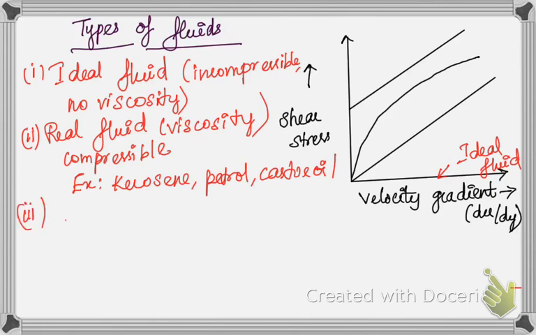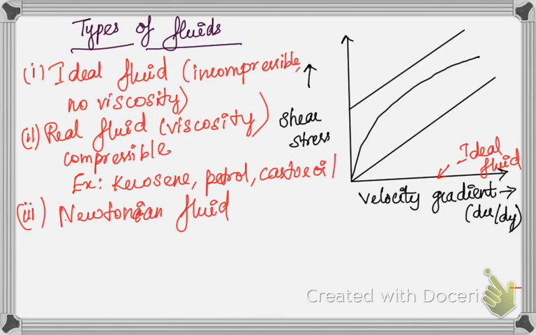Third type of fluid is Newtonian fluid. Already in the previous video we have seen Newton's law of viscosity. Any real fluid which obeys Newton's law of viscosity is known as Newtonian fluid.